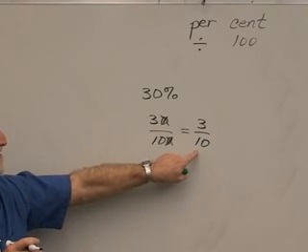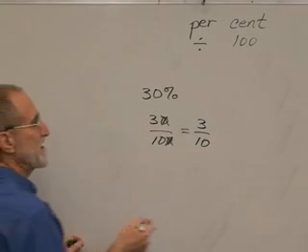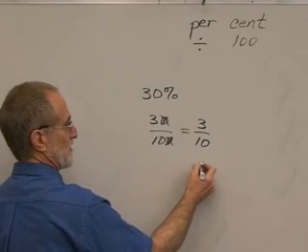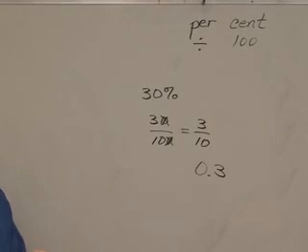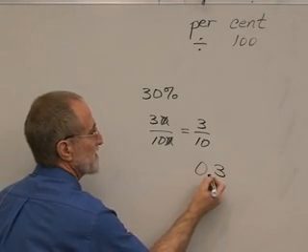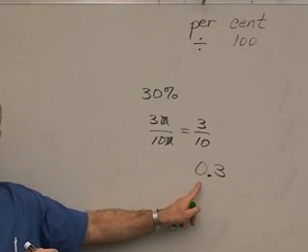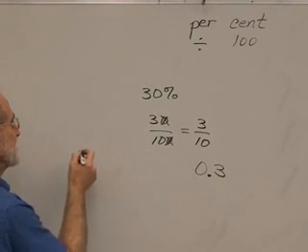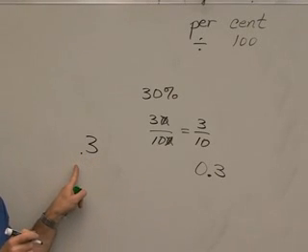And how would we write this as a decimal? 3/10. 0.3, wouldn't it? Okay. Now, I strongly suggest that anytime you write a decimal that's less than 1, put that 0 on it, because it's really easy to think that's a 3 and not notice the decimal point.